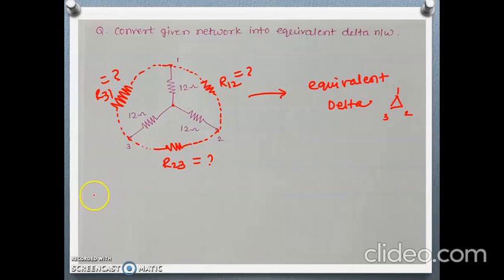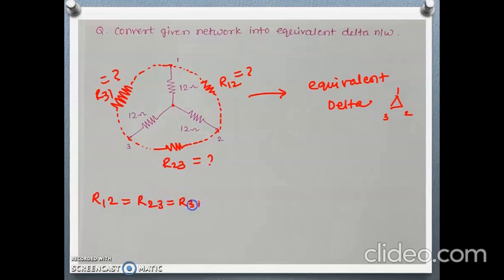So let's calculate R12. As the three resistances are the same, the values of resistances connected in the star network are the same, so its delta equivalent resistances are also the same.